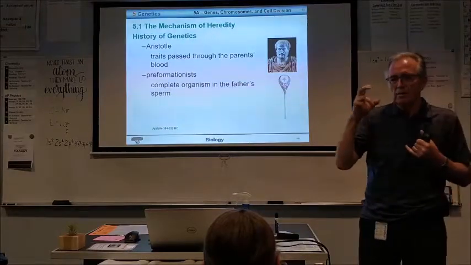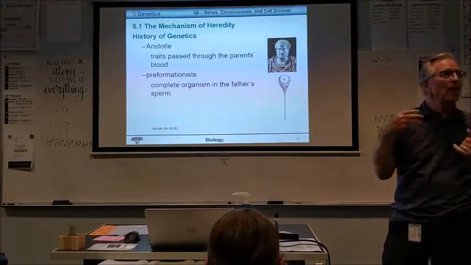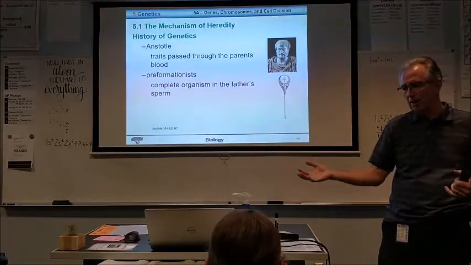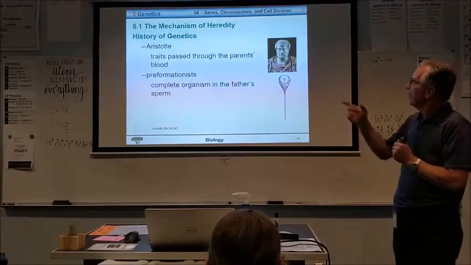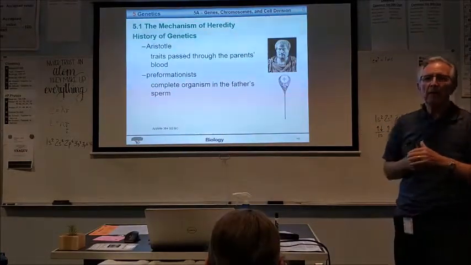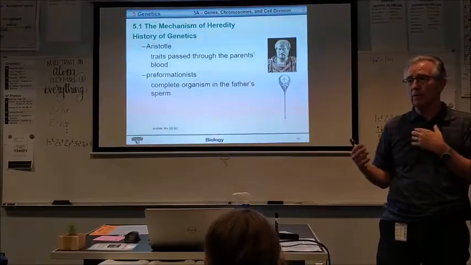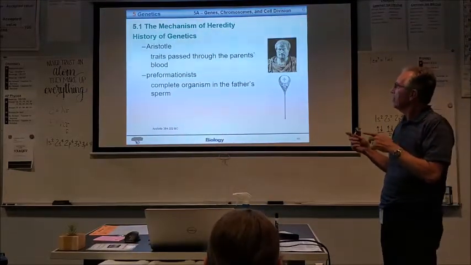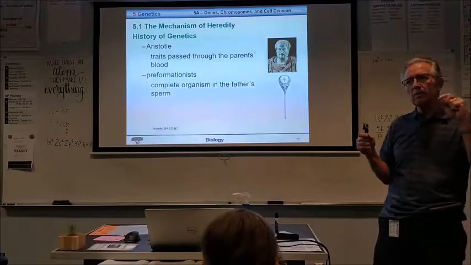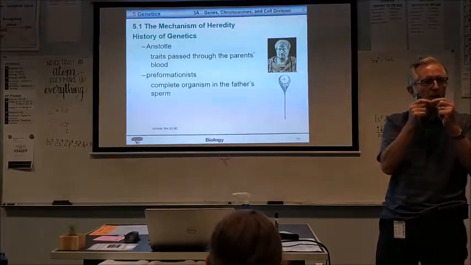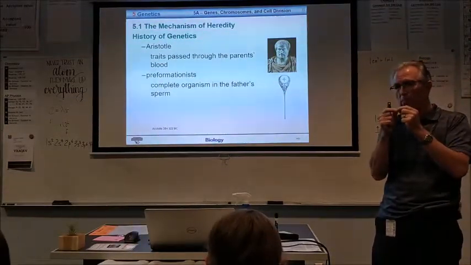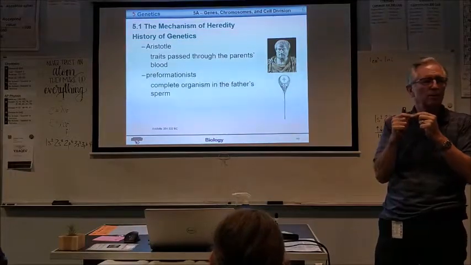So genetics, or the practice of genetics, has been around a long time. Aristotle believed that the way traits are passed along in humans particularly is that there were particles in the blood, and they would get together and make you, the child.